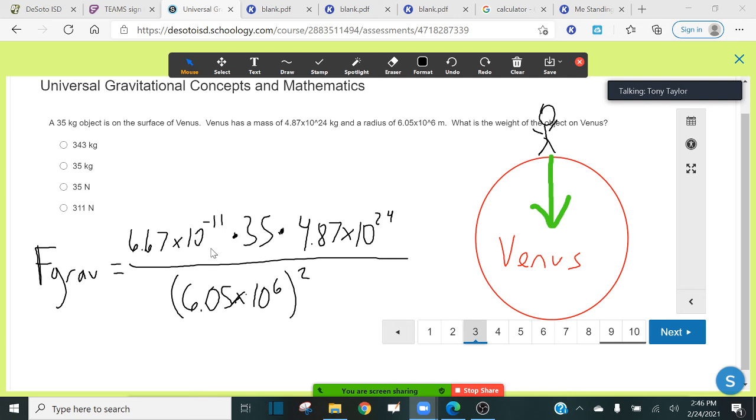But what I'm saying is your final answer should not have an exponent. For my final answer, I got something approximately close to one of the answer choices, but yes, your numerator is going to have an exponent.